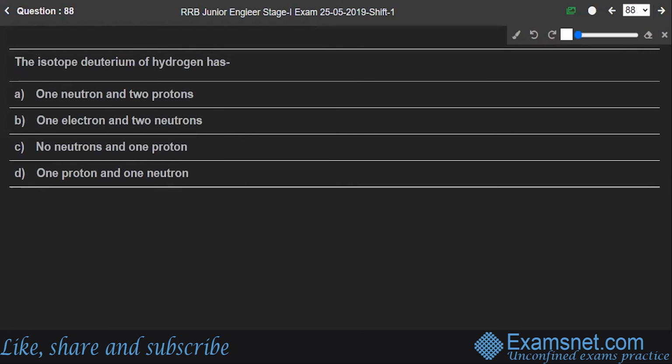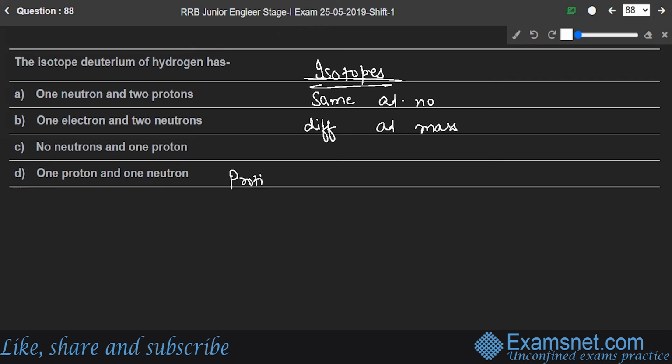First of all, let's discuss what isotopes are. They are the atoms of the same element which have the same atomic number but different atomic mass. For example, hydrogen has three isotopes.